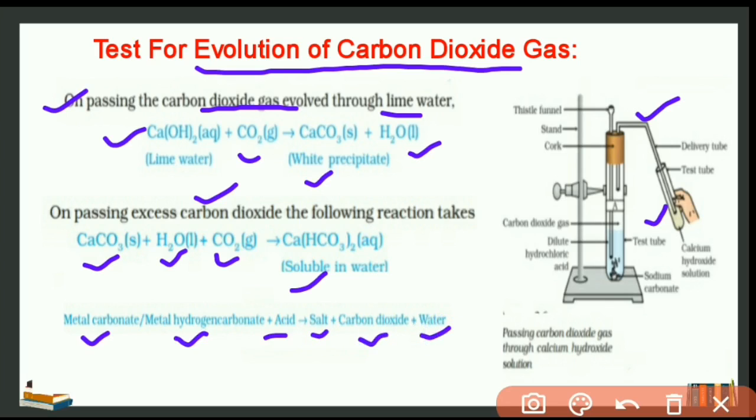So we can say that whenever metal carbonate and metal hydrogen carbonate react with acids, the same products are formed. Limestone, chalk and marble are made of calcium carbonate.